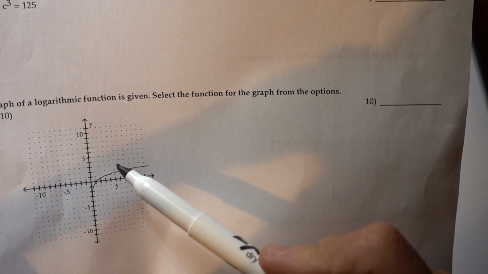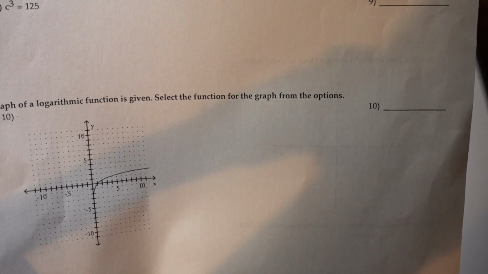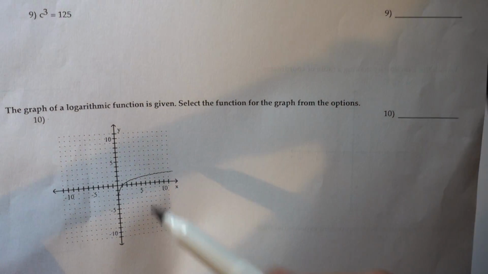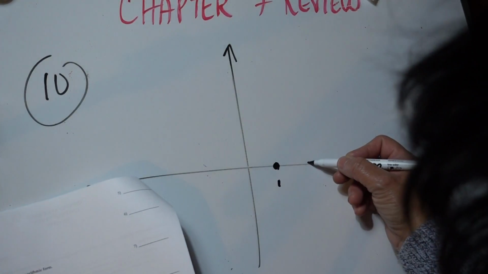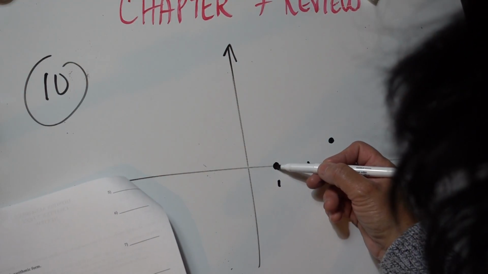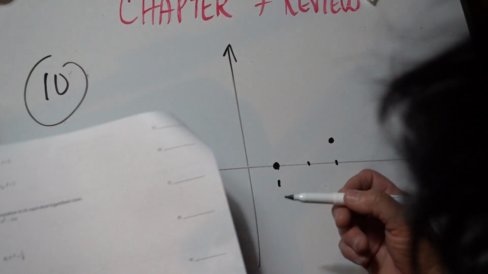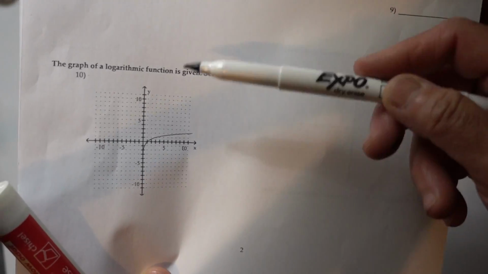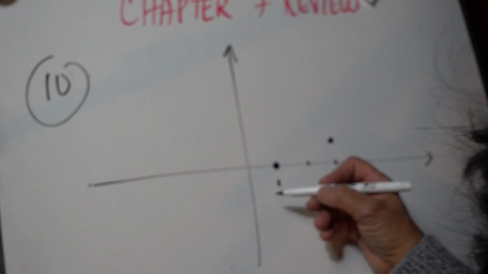See right there, 3, 1. You can check your guide, and you see 3, 1 is another point. And this is the asymptote. We have the y-axis, or x equals 0, as an asymptote. So the graph is like this.